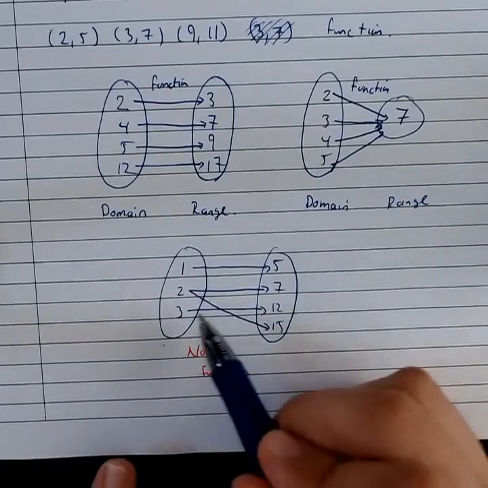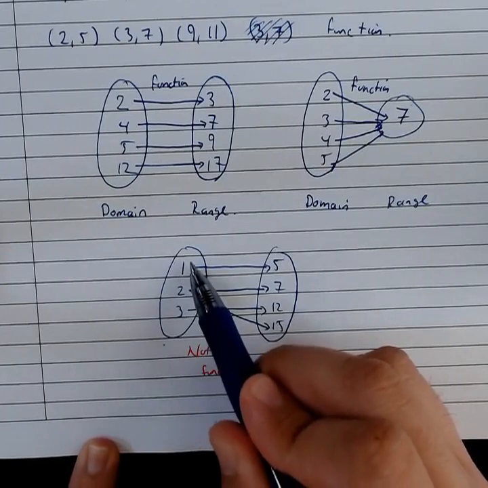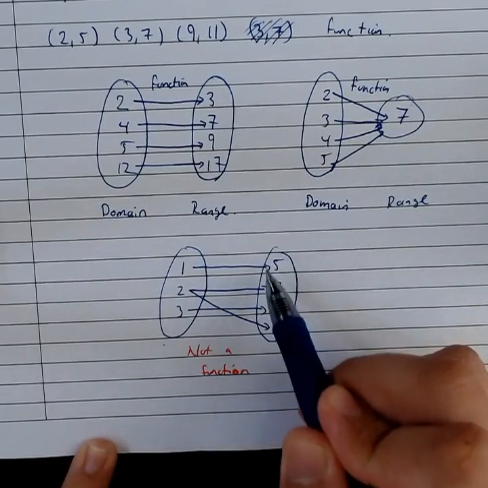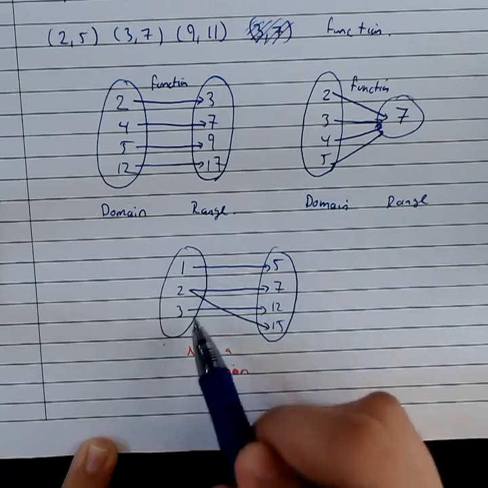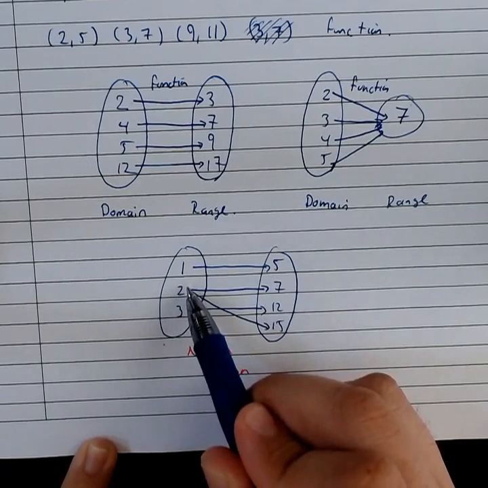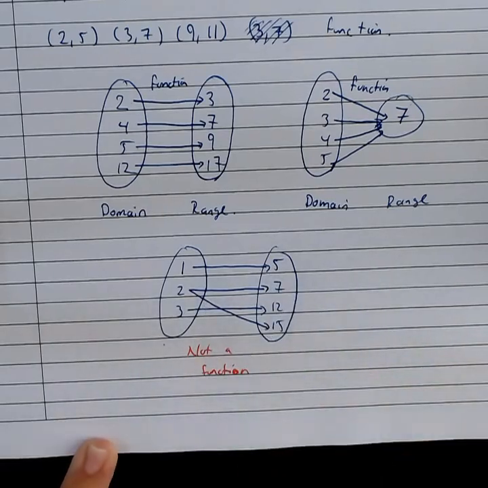Look at this one. If I say the first entry of this ordered pair is 1, what's the second entry? Well, it must be 5. There's no choice there. But if I say the first entry of an ordered pair is the number 2, and I ask you what the second entry is, you don't know. It could be 7 or it could be 15.